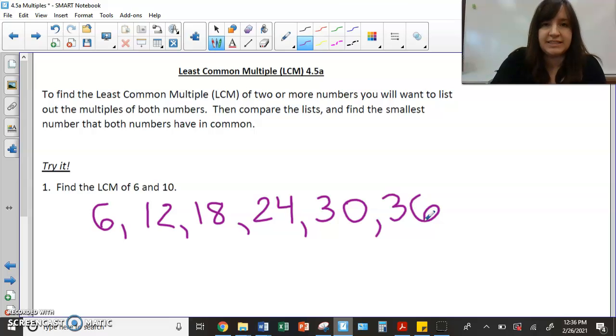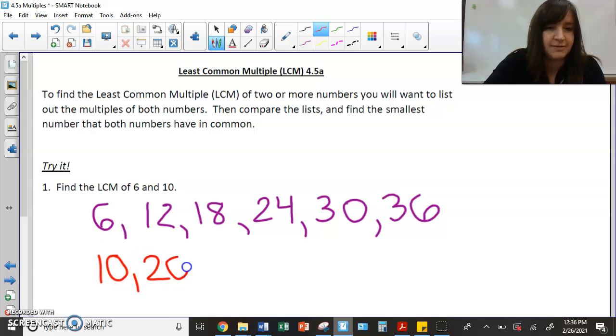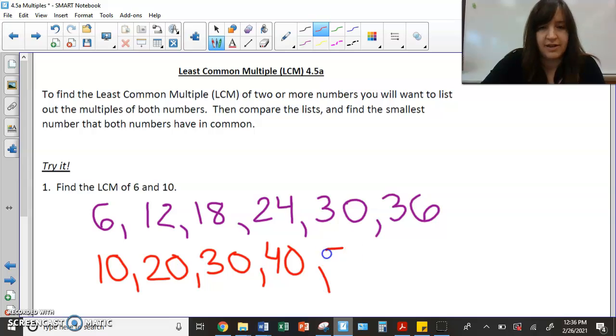Now when I'm listing out my multiples of 10, I'm skip counting by 10. I am looking for a multiple of 10 that is in common with my multiples of 6. So if I'm listing out 10s, I'm going to say 10. My next number is 20. My next number is 30, 40, then 50, then 60.